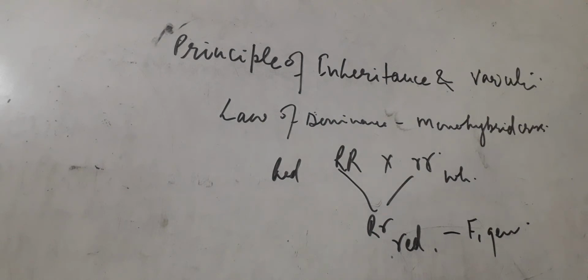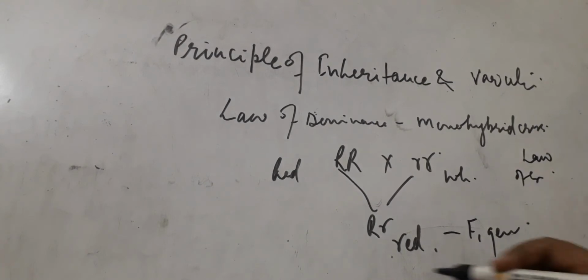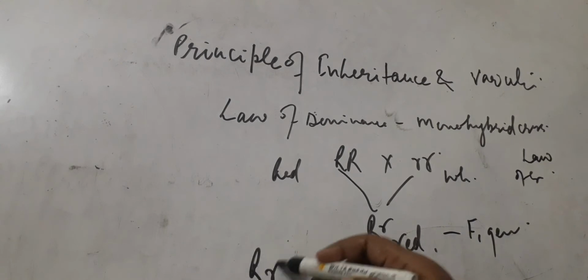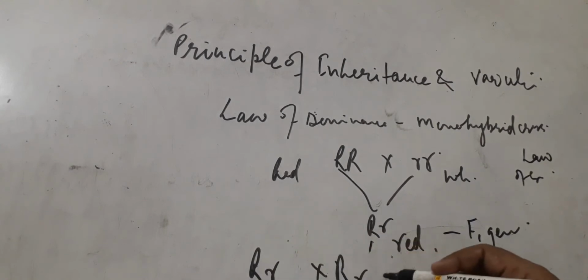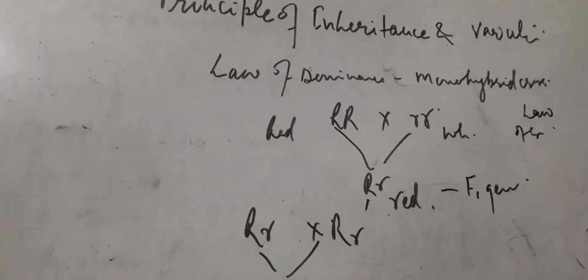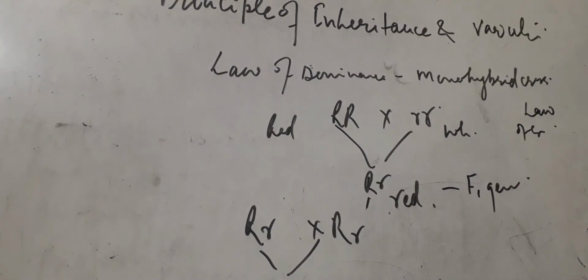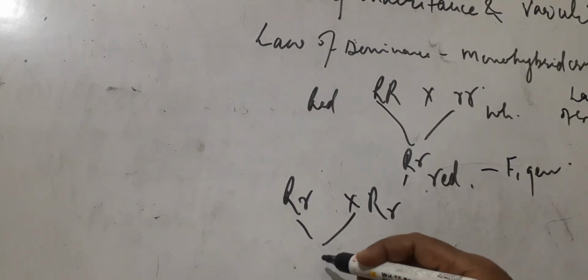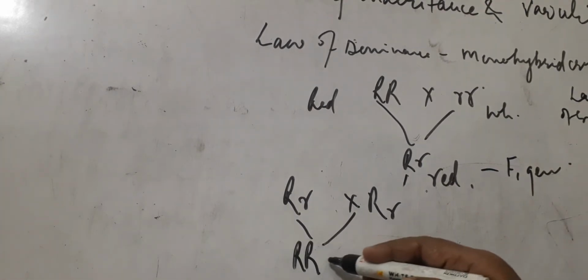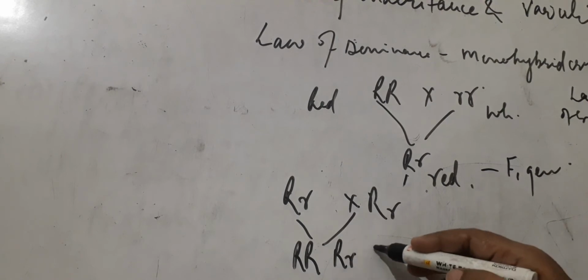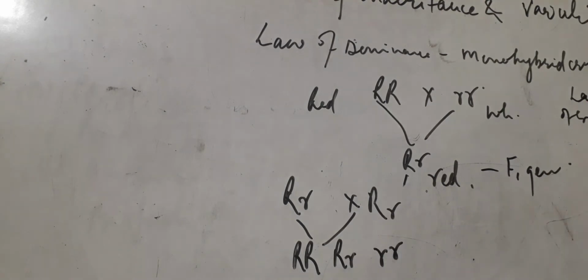Second is the law of segregation. When Mendel selfed this F1 generation, he found red and white.